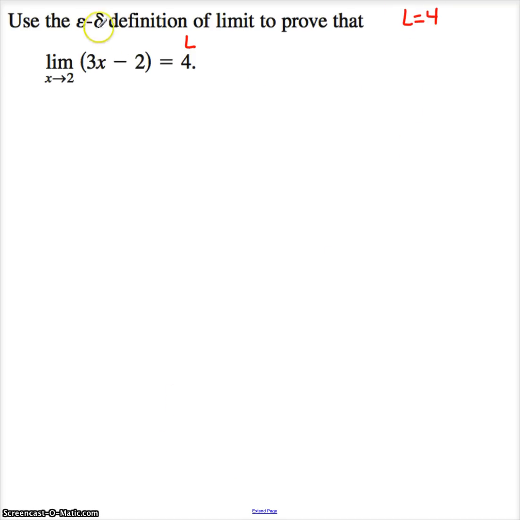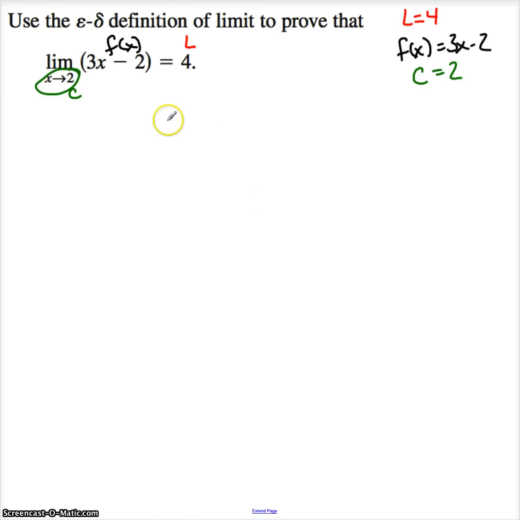This is f of x, so f of x is 3x minus 2. And c here is 2.